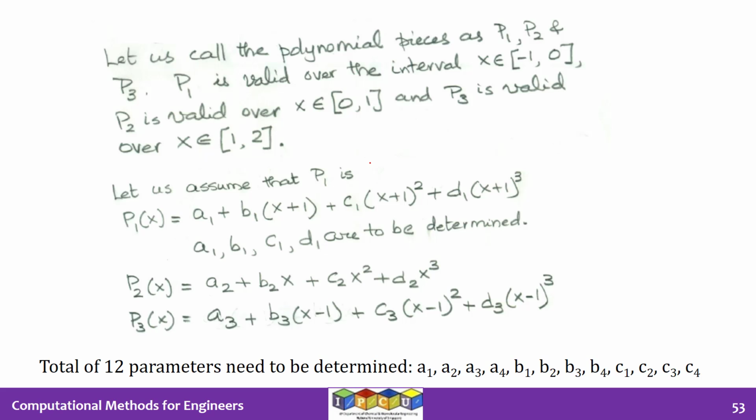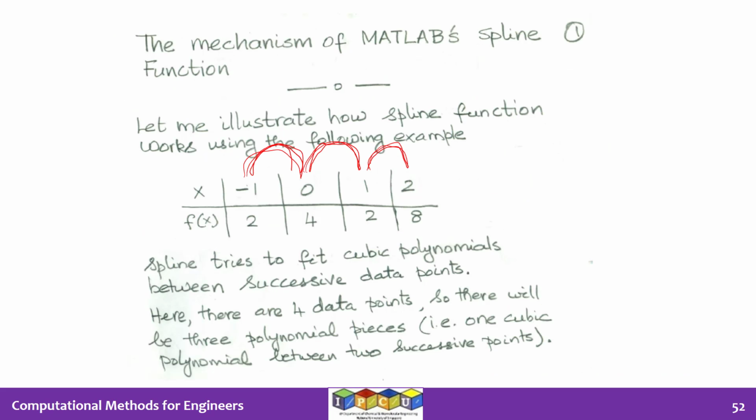And based on the previous idea, the first cubic polynomial P1 is valid over the interval -1, 0, the adjacent data points. The second cubic polynomial P2 is valid in the range 0 to 1. The third cubic polynomial P3 is valid in the region 1 to 2.